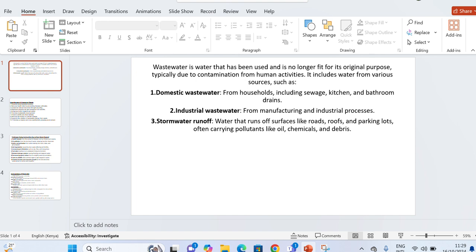In roads, mostly there are plastics, metals, oils, and many other things. In roofs, we have some corrosion, and in parking lots, where repair is normally done.